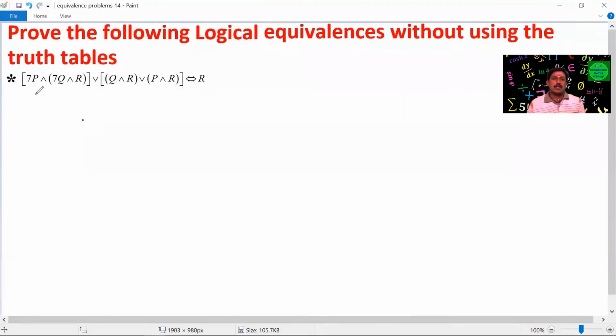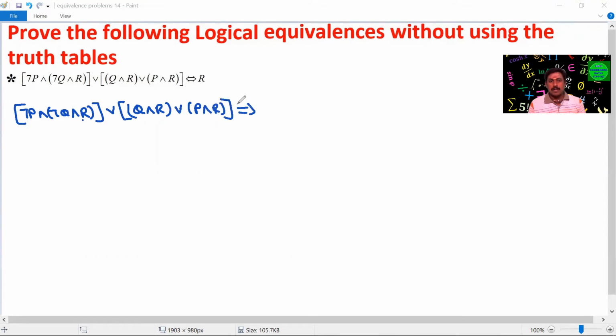Next problem: (not P and not Q and R) or (Q and R) or (P and R) is equivalent to R. To show this, I'm going to consider the LHS. I already told you, we have to observe the bracket terms first and simplify them.